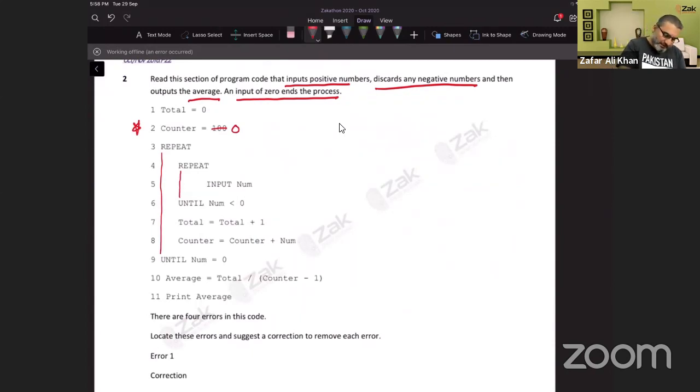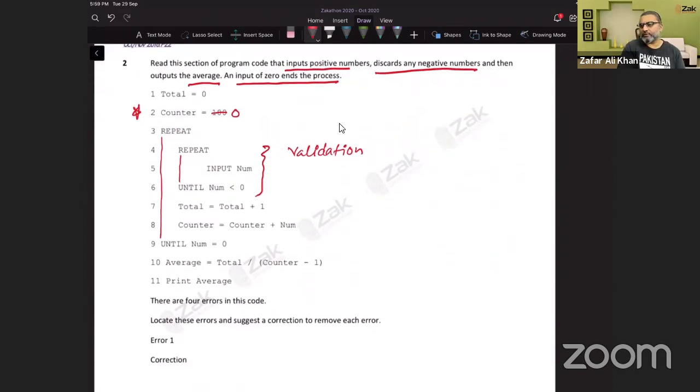So now what is this? This is validation. If you enter any number which is less than 0, this loop should work. So you have to make it greater than 0, so that as soon as someone enters a positive number, this loop is finished.